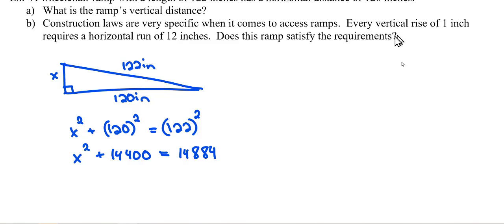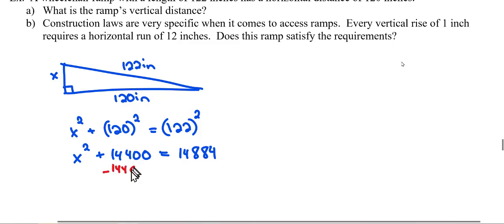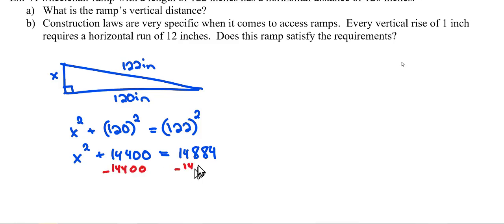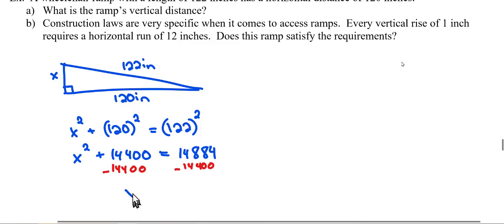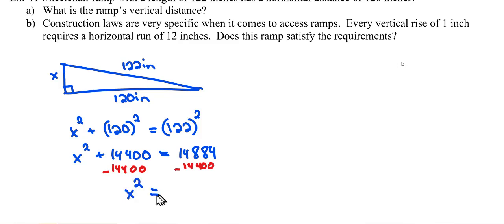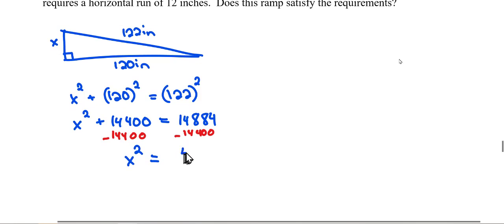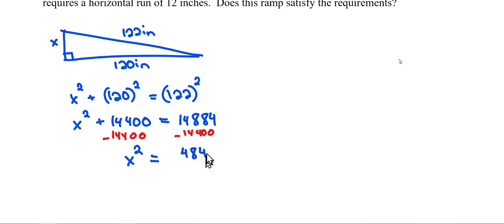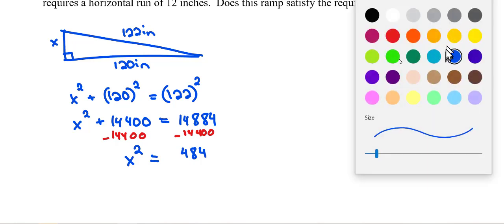I would subtract 14,400 from both sides. A lot of times I want a quadratic equation set equal to 0. But in this case, because I can get just x squared equal to a number, what is that, 484? I can use my square root property here.